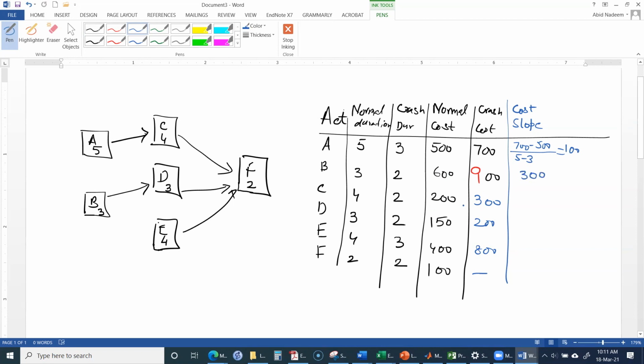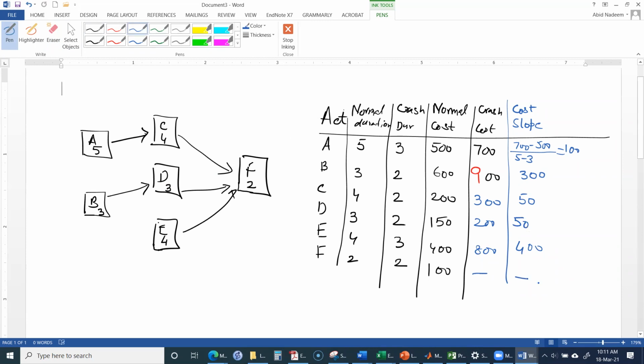Then 100 minus 100 divided by 2 is 50, and 50 divided by 1 is 50.